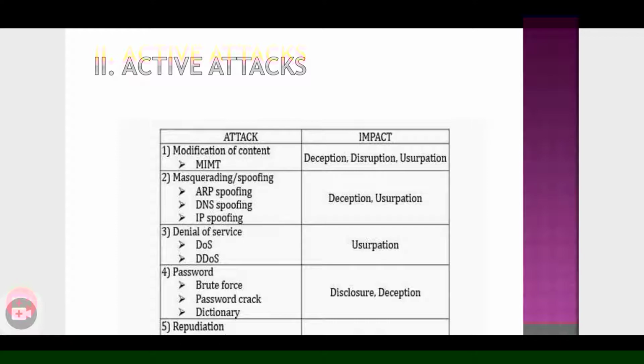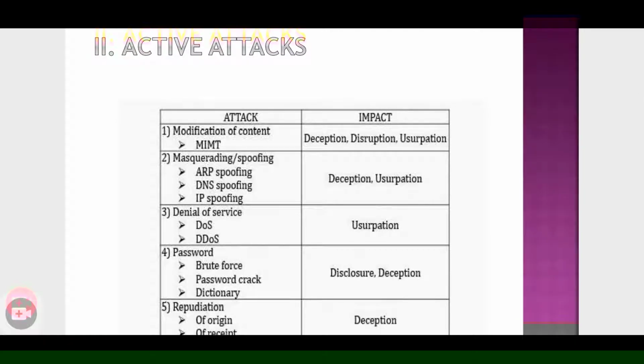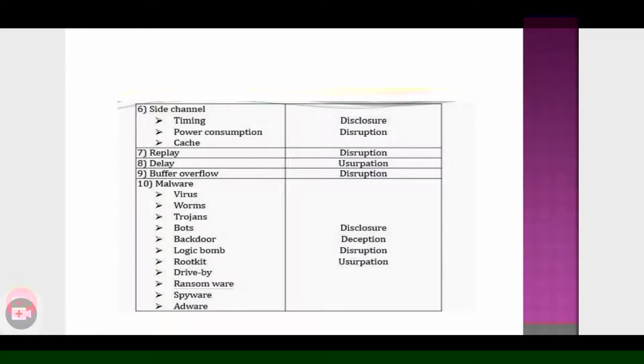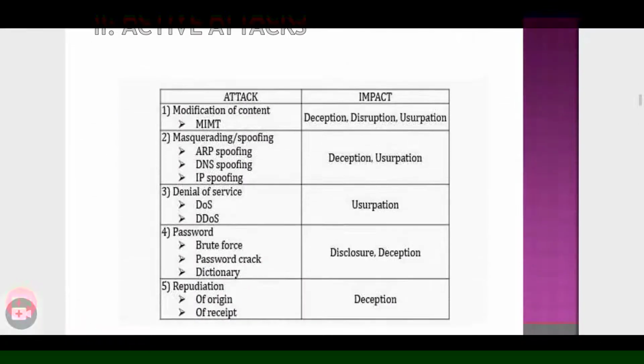The second type of attack is active attack. A number of active attacks are there: modification of content, masquerading or spoofing, denial of service, attack on password, repudiation, side channel attack, replay, delay, buffer overflow, malware, etc. These are all active attacks.